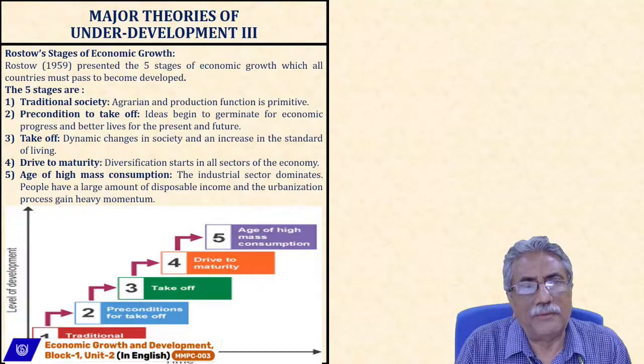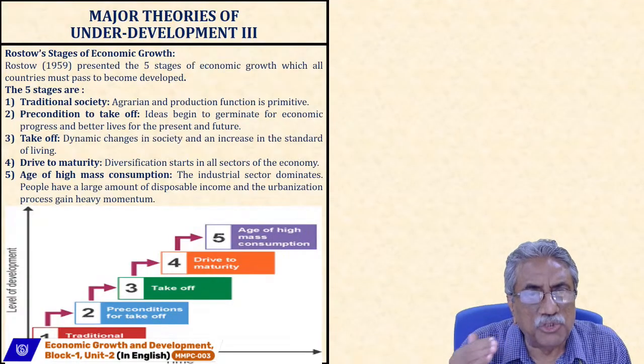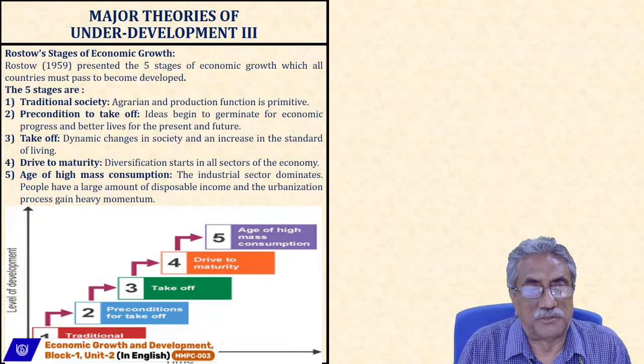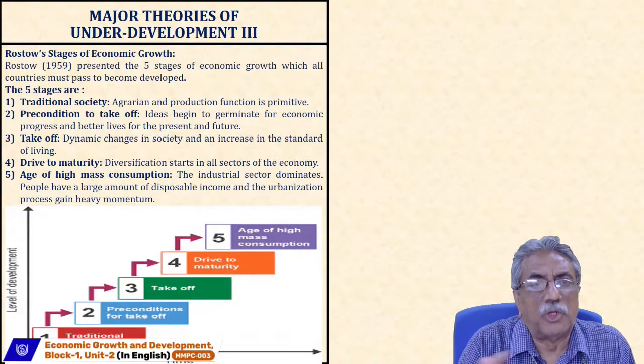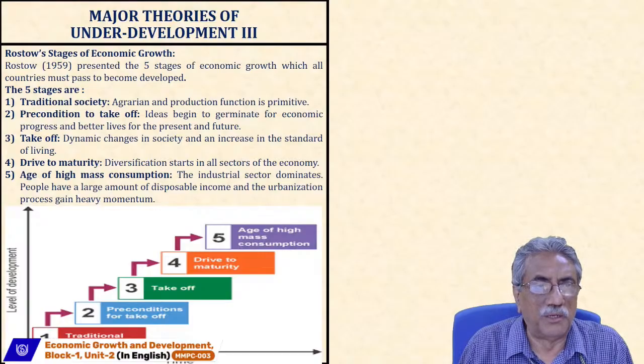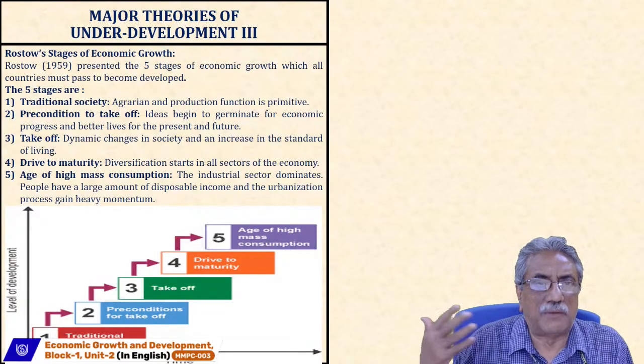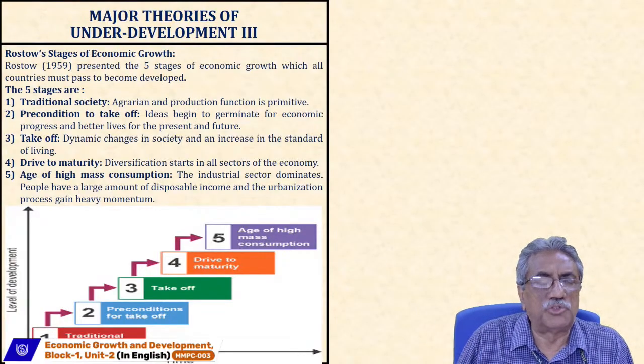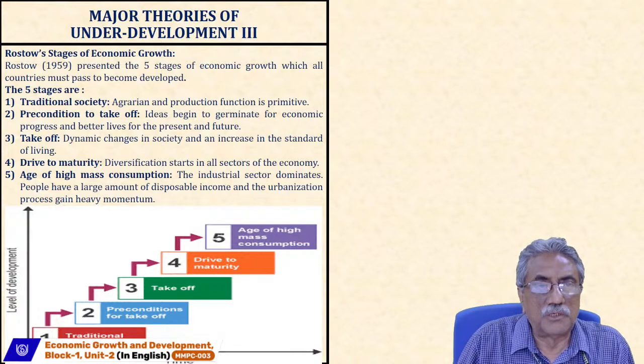Precondition of takeoff, what is it? Ideas begin to germinate for economic progress. So from handloom to power loom, because you can produce more clothes on a power loom. So the idea starts coming, then you import power looms and then you build power looms.